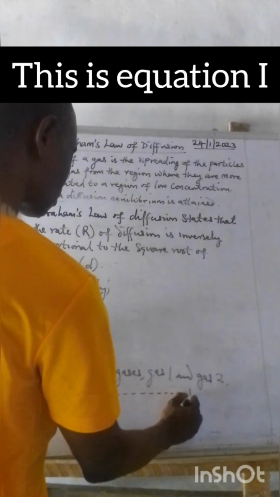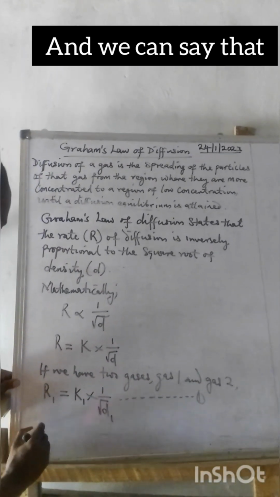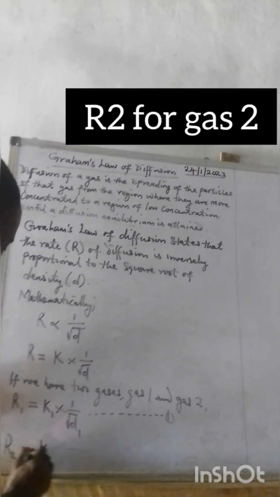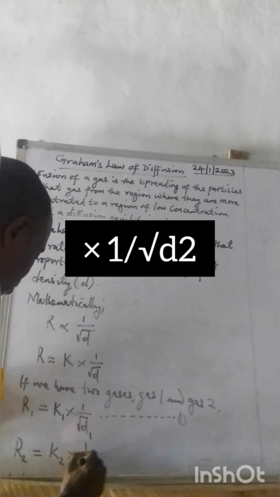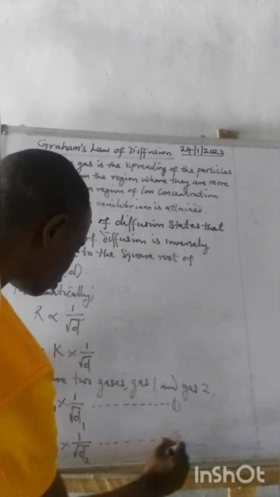This is equation 1. And we can say that R2 for gas 2 equals K2 times 1 over square root of d2. And this is equation 2.